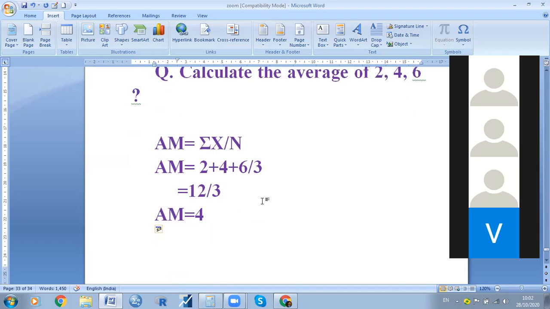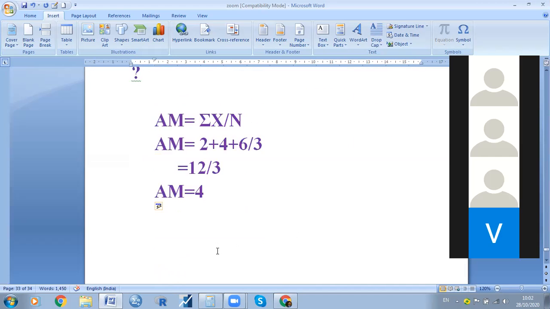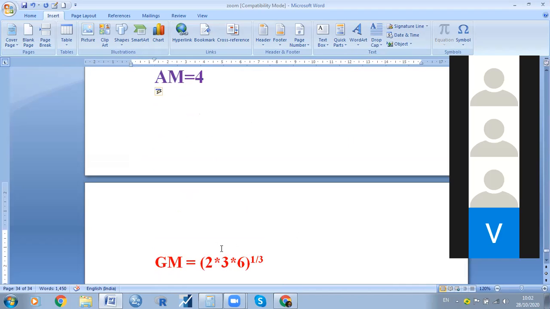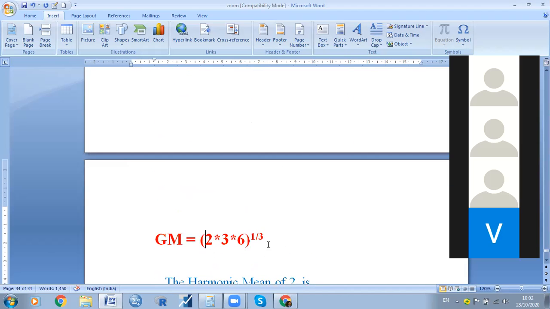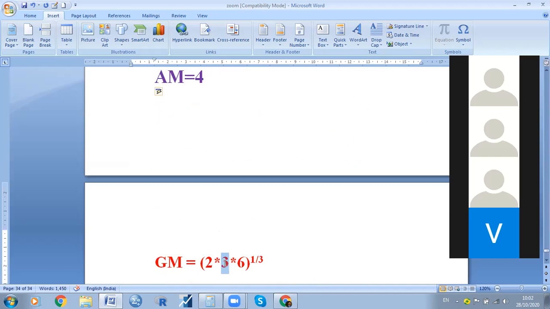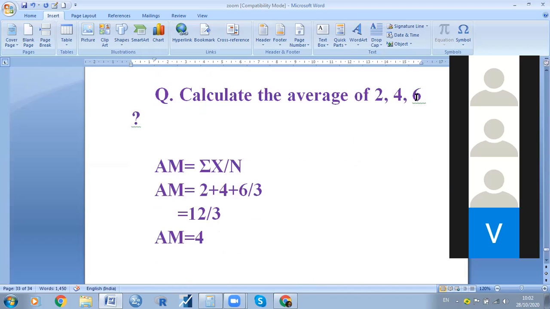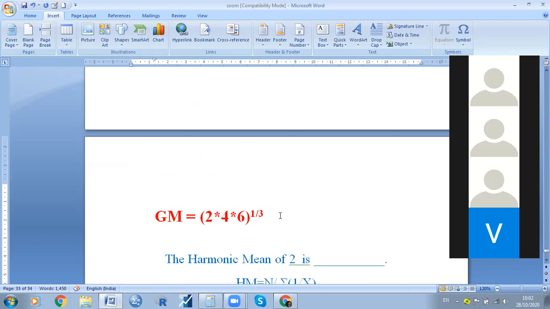Then we need to calculate the geometric mean. The geometric mean formula, as I told earlier, is the nth root of x1 into x2 into x3 and so on. For 2, 4, 6, there are only 3 observations, so n is 3.